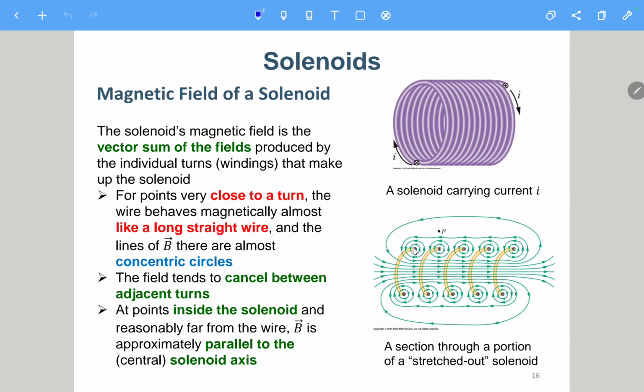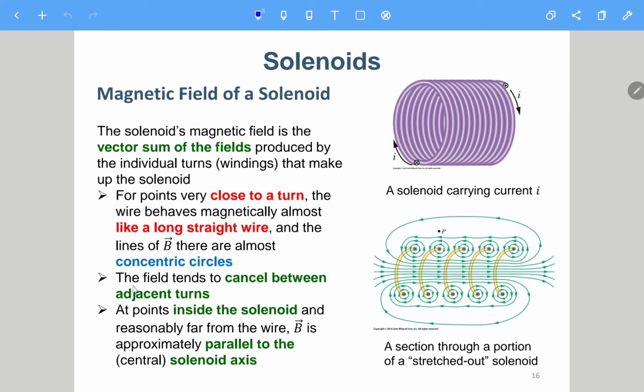And for here, this is going out of the page, so your fingers feel like counterclockwise. So you can see the direction of the B field here and also here.